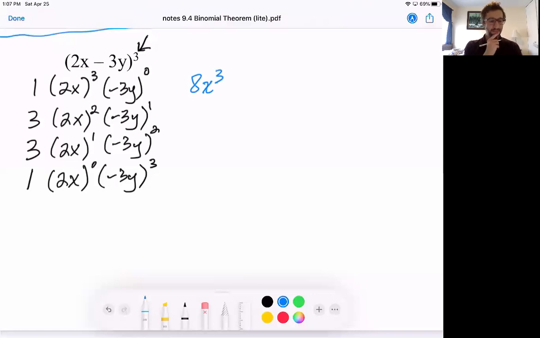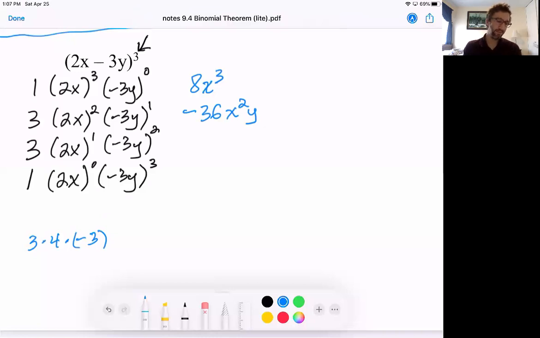The next term we have is 3 times 4 times negative 3. So that would be 12 times negative 3 is negative 36 x squared. Oh, and we have a y now. The first one we didn't have a y because it was y to the 0. But now we have a y in there.